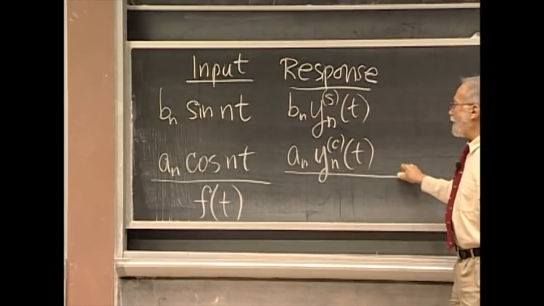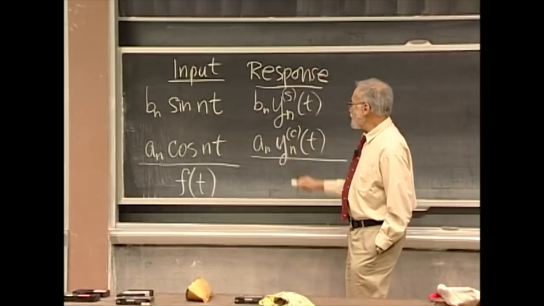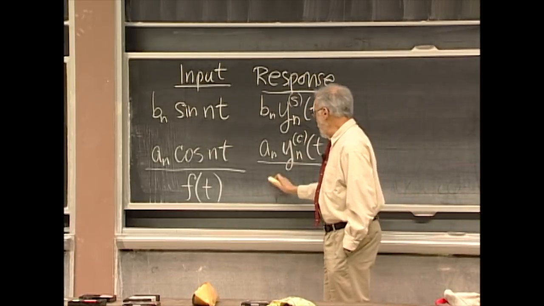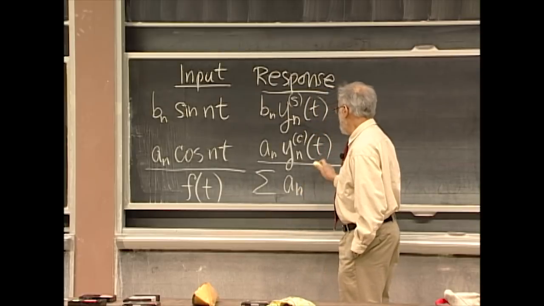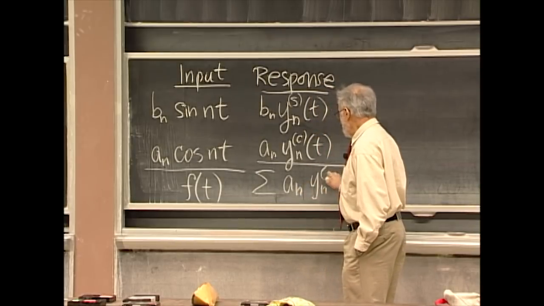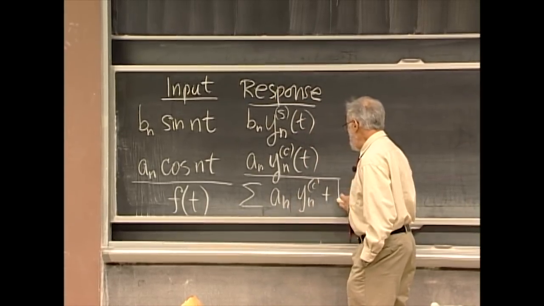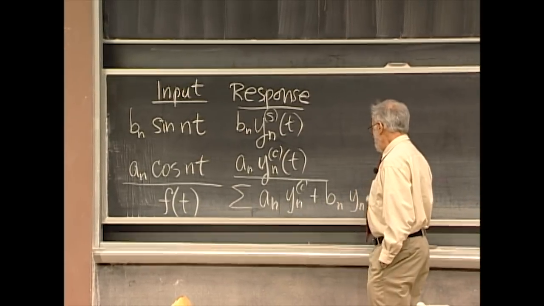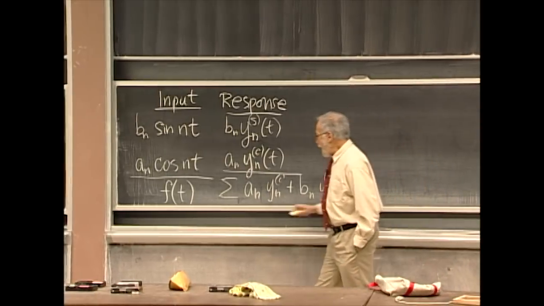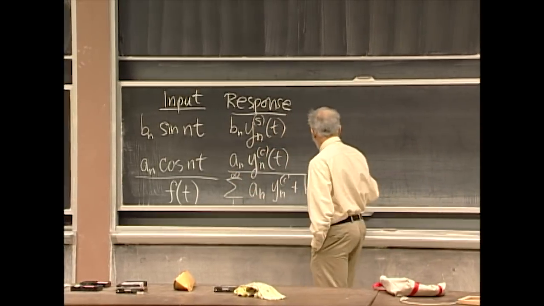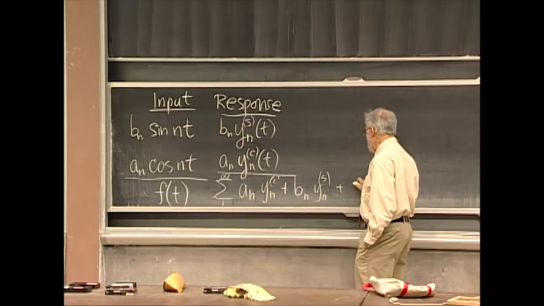What's the sum of the corresponding responses? Well, that's going to be the summation of an yn c of t plus bn yn s of t, the response to the sine. That'll be the sum from 1 to infinity, and there'll be some sort of constant term here.